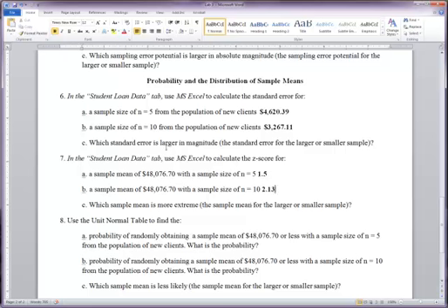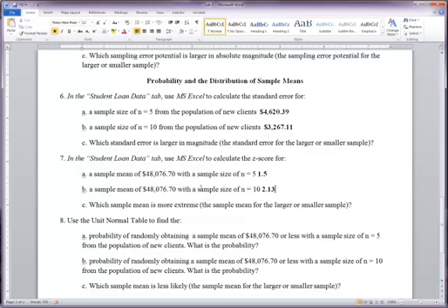That is the z-score for this same exact sample mean, only from a larger sample size. Still coming from the same population, still looking for the z-score for the same sample mean, but now this is coming from a larger sample. And you'll see that the z-score is larger when we have the larger sample size. The reason for that is because, remember, the larger the z-score, the more extreme the sample mean.